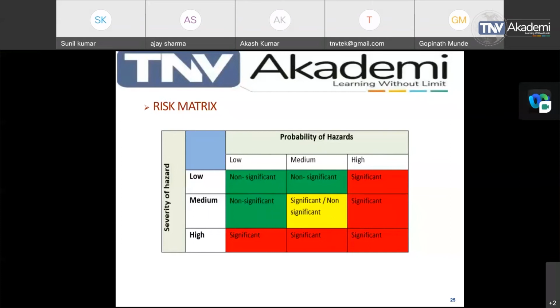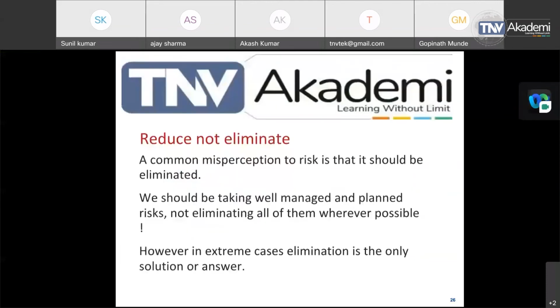Reduce, not eliminate. A common misperception about risk is that it should be eliminated. We should take well managed and planned risks, not eliminate all of them wherever possible. However, in extreme cases, elimination is the only solution. So when you are talking about the reduction of a particular hazard, you can't complete it at a hundred percent level.